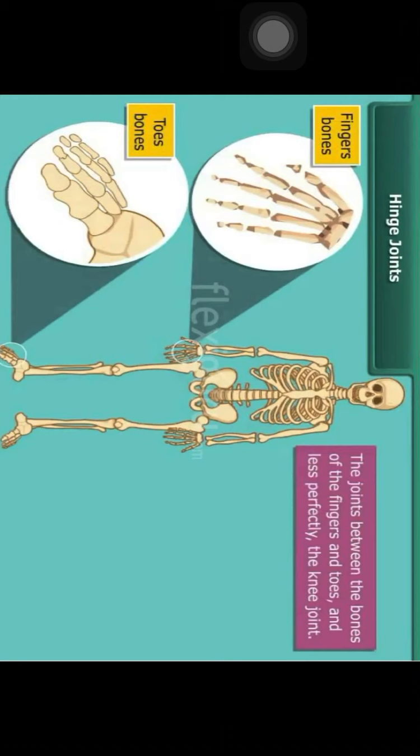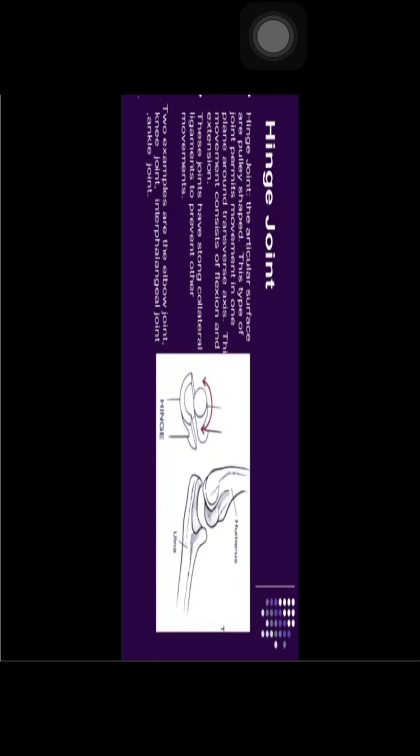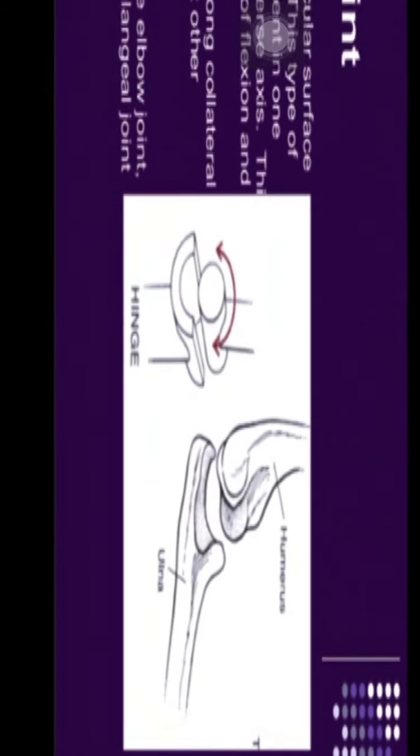This means that the hinge joints that are present in the elbows, knees, finger bones and toes only allow movement in one direction. Take the example of a door. You can only move the door in one direction. So this is how the hinge joint works. It works like the hinges of a door. This is the hinge joint.